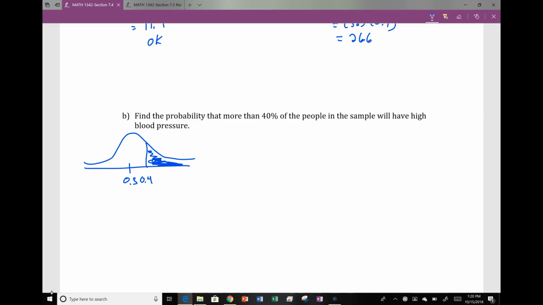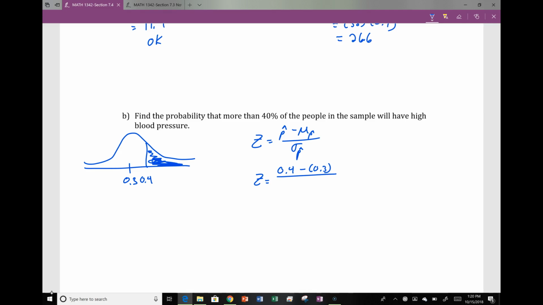When we use this, our Z is going to be our P hat minus our mean divided by our standard deviation of P hat. P hat is just the value that we're comparing to. So our value is 40%, 0.4, minus our estimated mean, or our estimated probability of 0.3, the proportion that actually have high blood pressure.